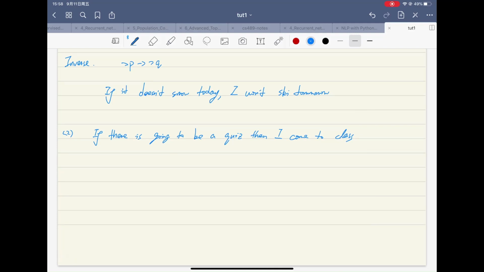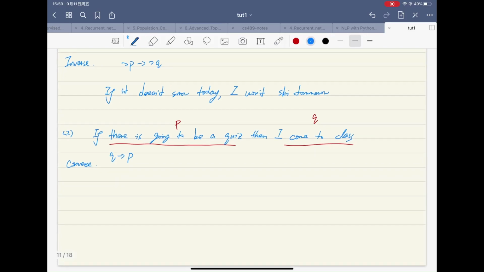But they may have a quiz or may not. We don't know. But if there is going to be a quiz, I will come to class. Right? So let's play with the simplified statement. I think there is going to be a quiz is the hypothesis, and I come to class is the conclusion. So the converse first. The converse is Q implies P. Sorry about that.